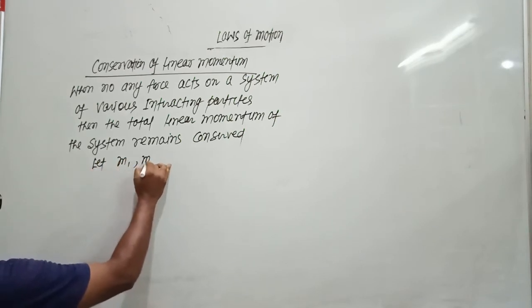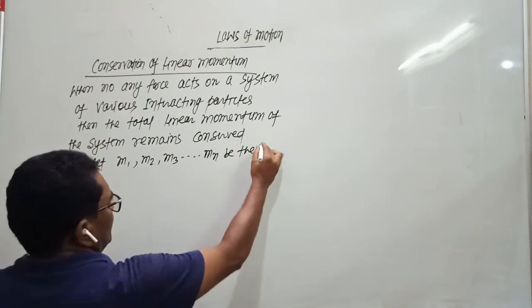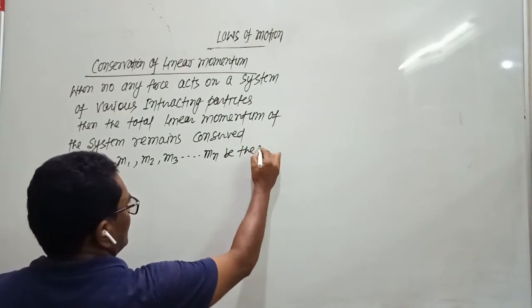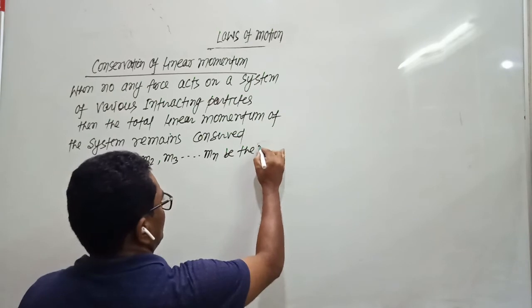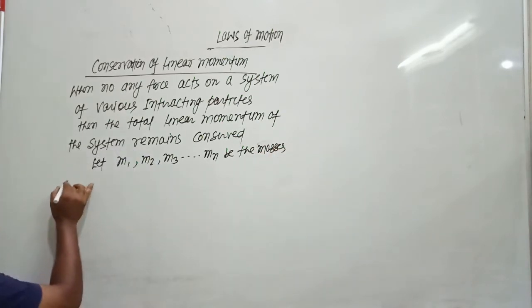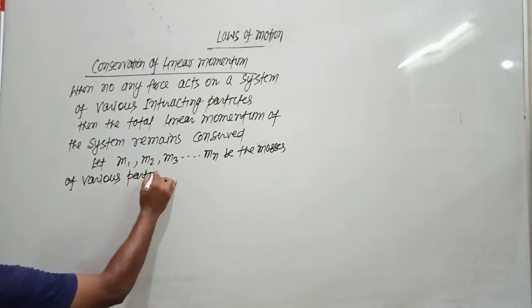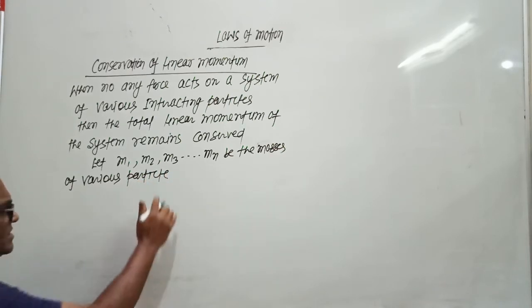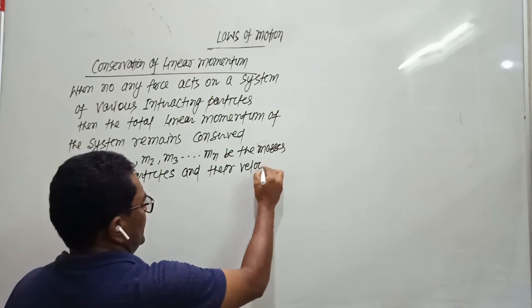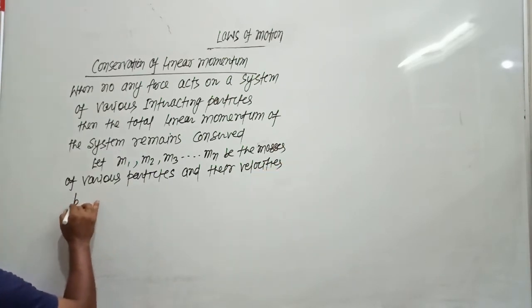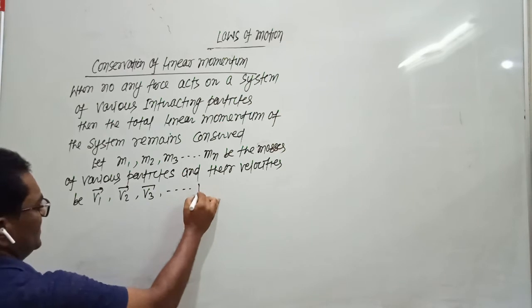Let m1, m2, m3, mn be the masses of various particles which are interacting with each other, and their velocities be v1, v2, v3, vn.